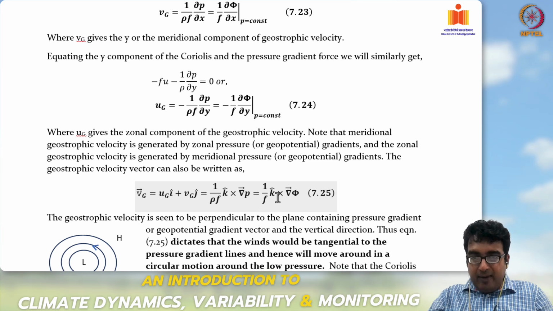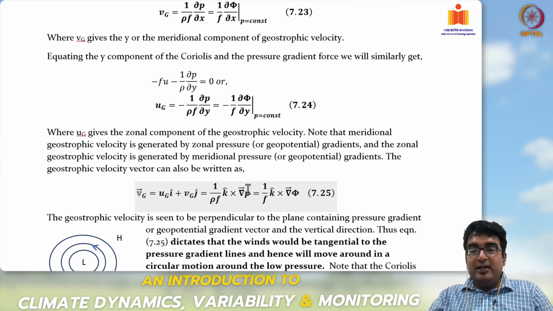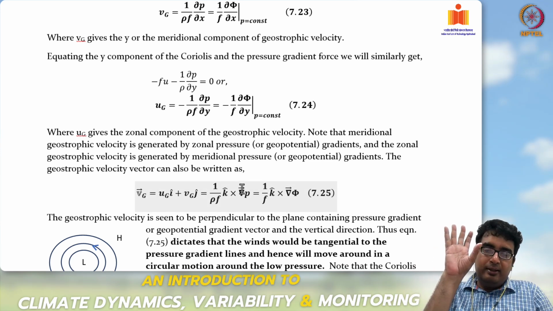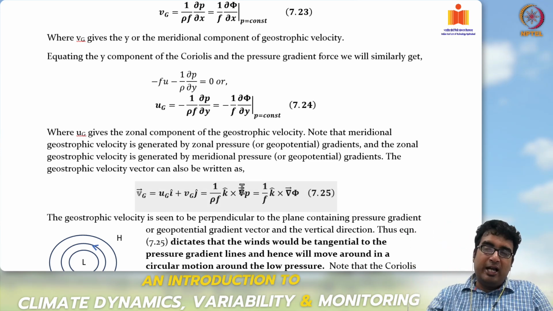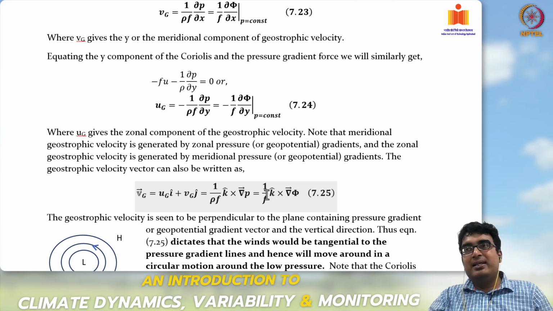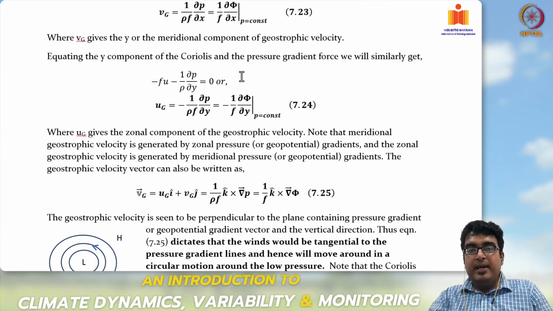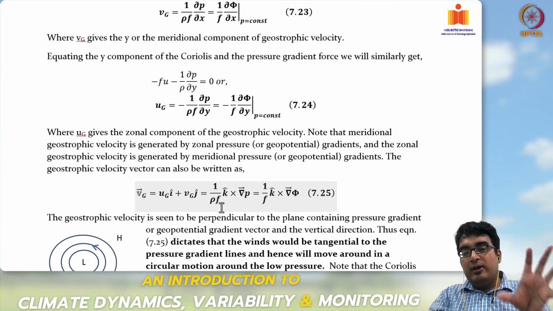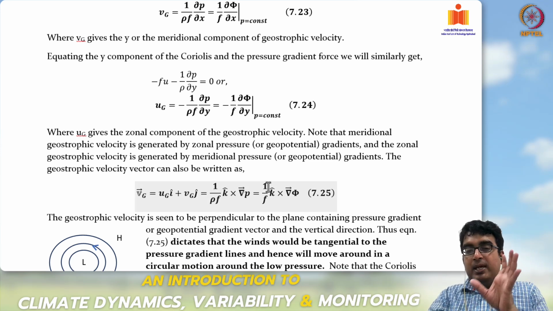So 1 by f k hat cross grad phi. The gradient of pressure has grad x p, grad y p, grad z p, but grad z p, k cross k, is 0, so you just get grad x p and grad y p, and you are getting these two components. So this is 1 by rho f k hat cross grad p, or 1 by f k hat cross grad phi. Okay, cross product.